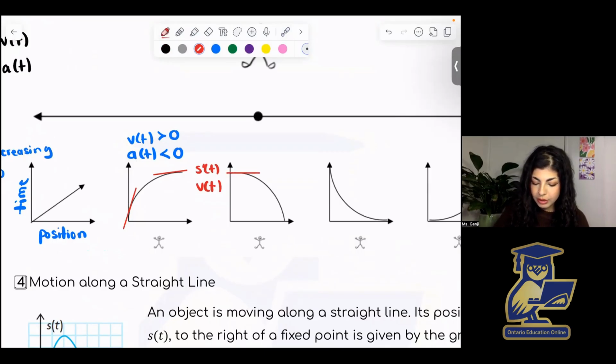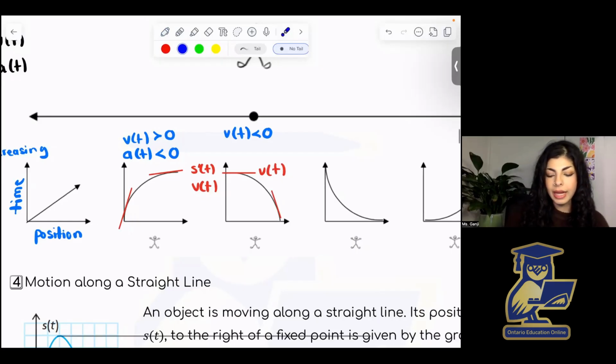So let's consider this tangent here and this one here. And now we see that the tangents here, so the slopes, which are v of t, are actually negative slopes. And we can clearly see that just from the shape of them, they are negative.